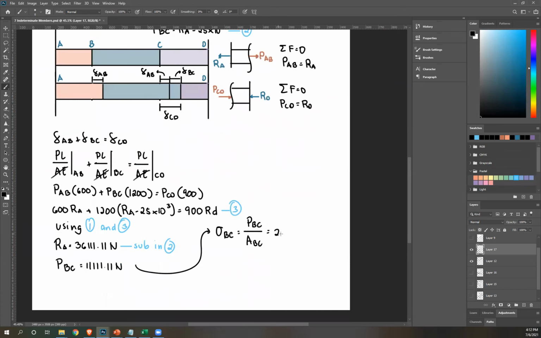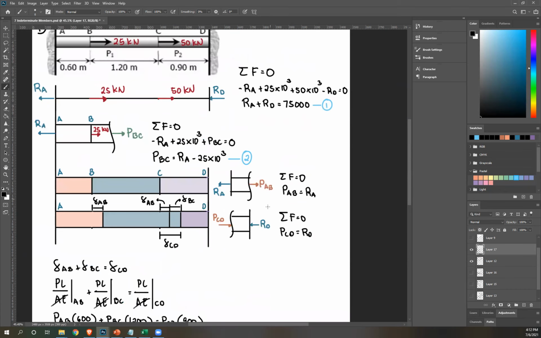Okay, so 22.22. Again, everything was in Newton and millimeter, so stress is in MPa. Okay. There, that's our answer. Also, take note, okay, our answer for PBC is positive.